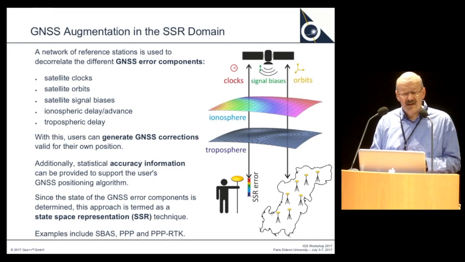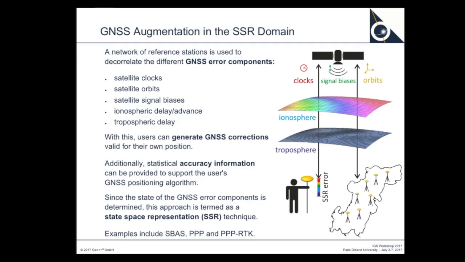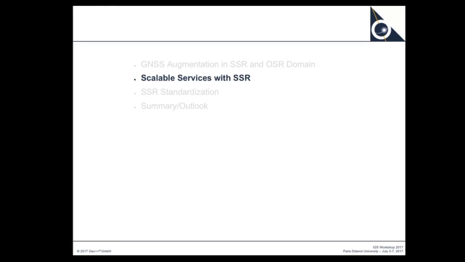In addition, SSR can provide accuracy information on these GNSS corrections. And as you see, as we are talking about state space and GNSS errors, this is commonly termed state space representation, or SSR. Examples are SBAS, for instance, PPP, commonly used, and PPP-RTK with a very high accuracy attempt.